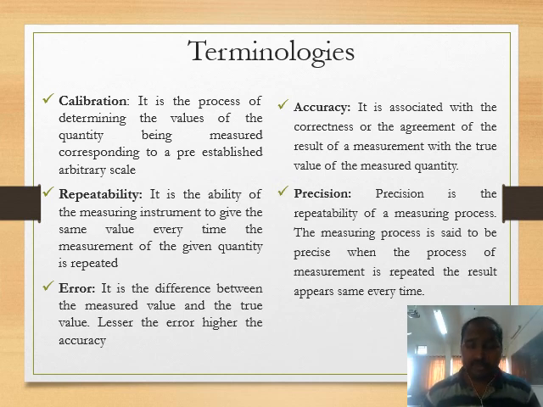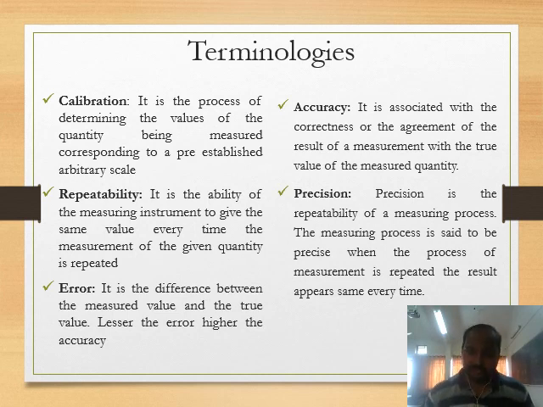If at the fourth time I get a value of 10.05, it is very far compared to 10.01, so it is not precise. Precision is always about taking n number of readings where each value should be very close with respect to each other. That ability of an instrument to reproduce closer values every time I measure is called a precise instrument.